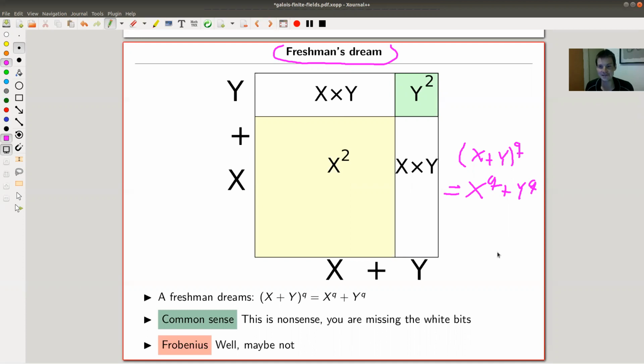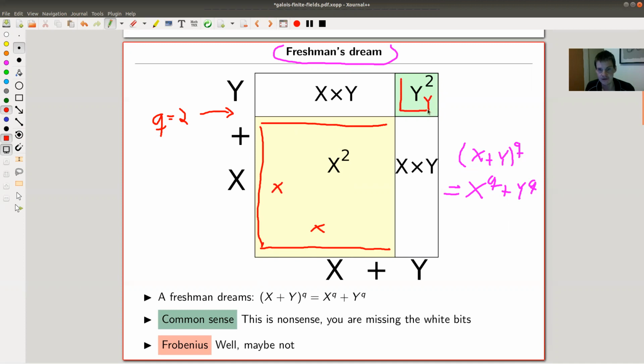Let's have a look at the case q equals 2, which is illustrated here using a picture that I, of course, stole. I'll link it in the description. But it's a very easy picture. We have a square of length x, the yellow one, with length and height x. You have the green one of length and height y.